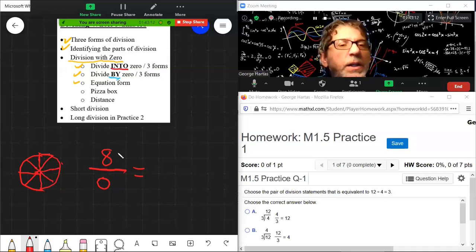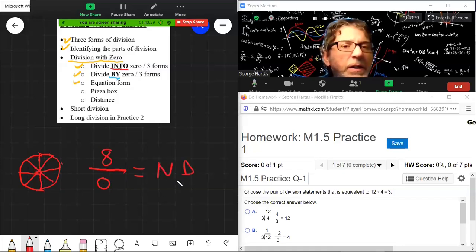We say that there are 8 slices in the box. However, there is no box. Look, there's no box. Right here, it tells you, no box. Part over the whole. There's no whole. So this makes 0 sense.